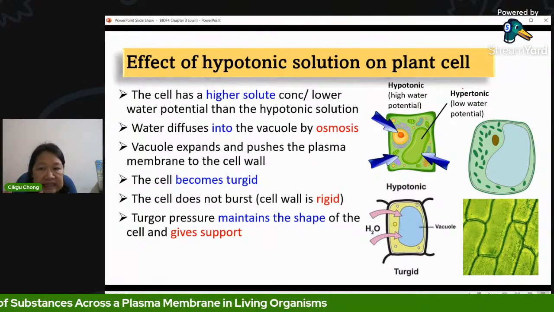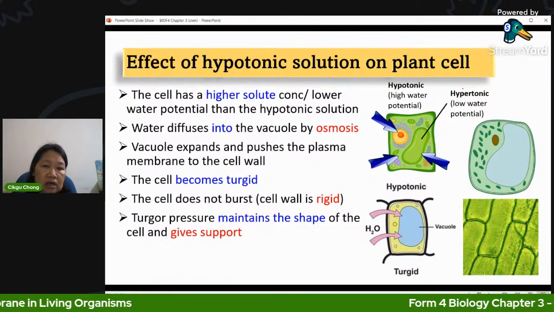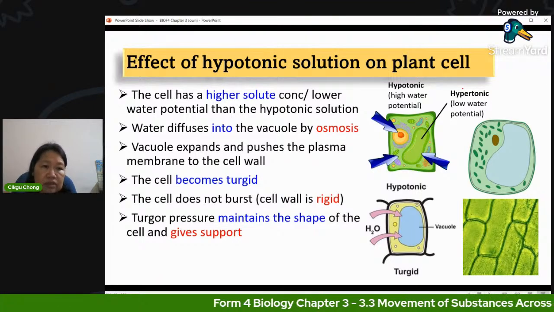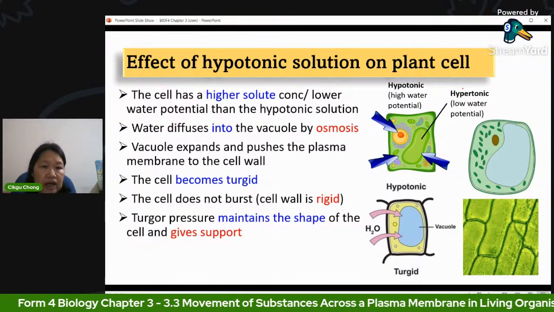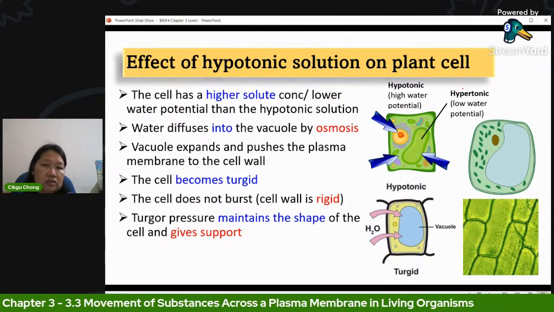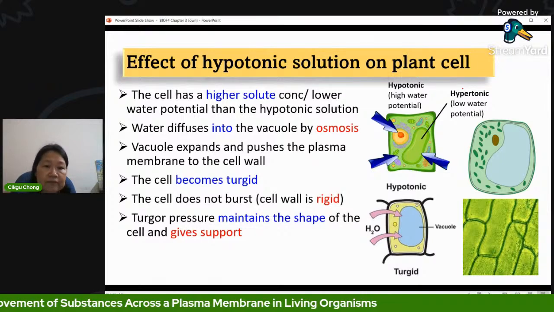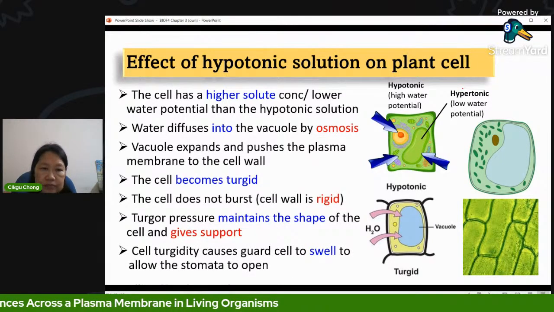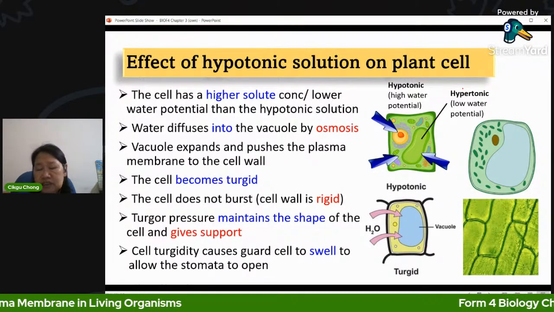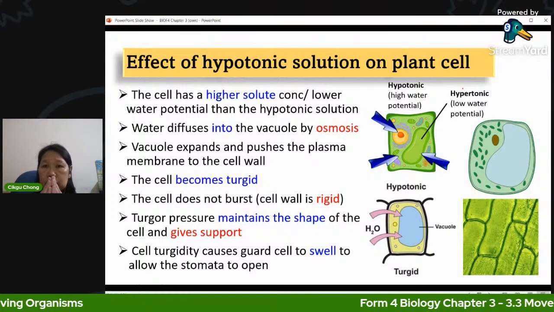So the cell remains this shape and gives support. This is especially for herbaceous plants. They rely on this support from the turgidity of the cell to make sure that the plant can stand up straight. Okay, it does not wilt. It does not droop, right? The plants. Okay, then cell turgidity also allows the guard cell to open.